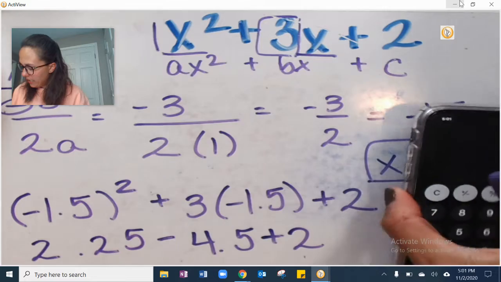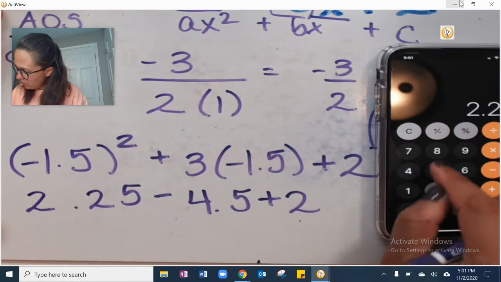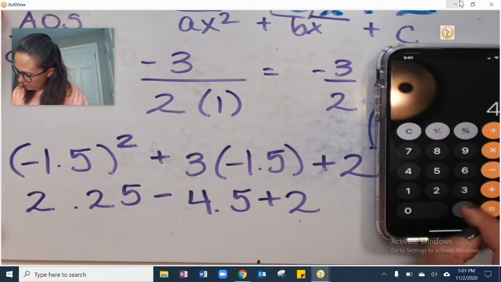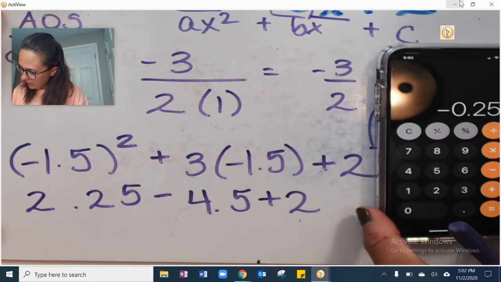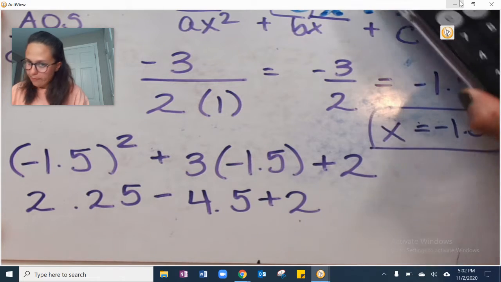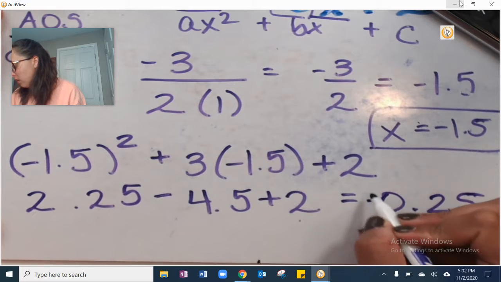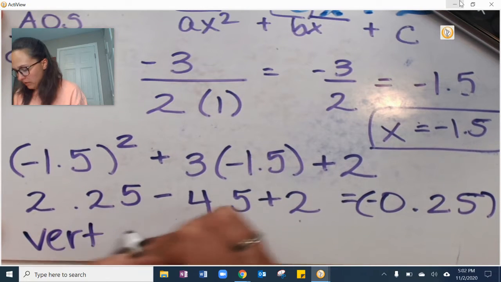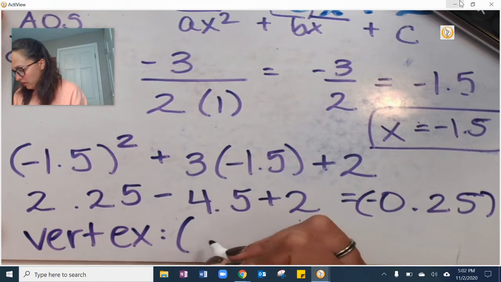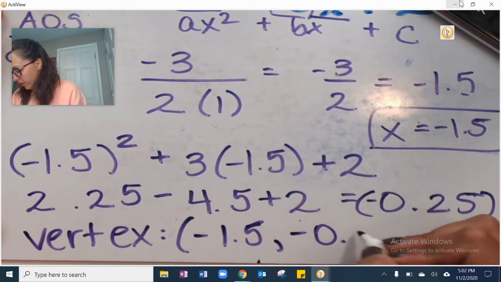So we are going to take 2.25, subtract 4.5, add 2, and we're going to get negative 0.25. Which is our y-coordinate. So therefore the vertex will be negative 1.5, negative 0.25.